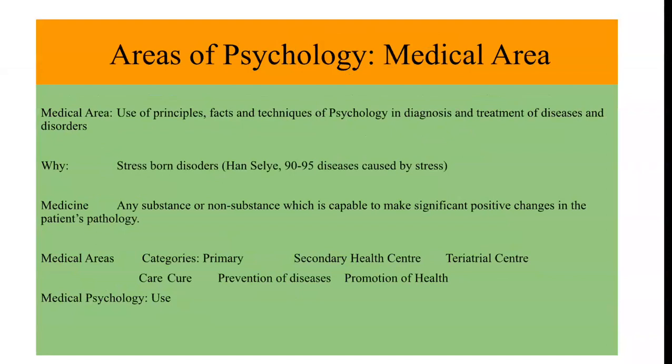We would like to understand what medicine is, because the psychiatrist is the doctor who prescribes medicine. Medicine is any substance or non-substance which is capable of making a significant positive change in the patient's pathology. For example, if a patient is experiencing nervousness, deep breathing 10 to 30 times makes a change in the pathology of blood gases and also in the experience of relaxedness.